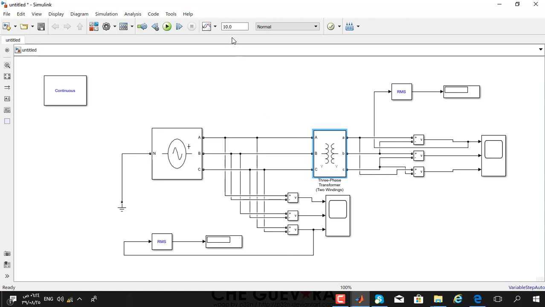So yes, before we run our experiment we need to make this value 0.2 to make our graph clearer. Bismillah, run. Yes, so we go to the scope and double click on it.